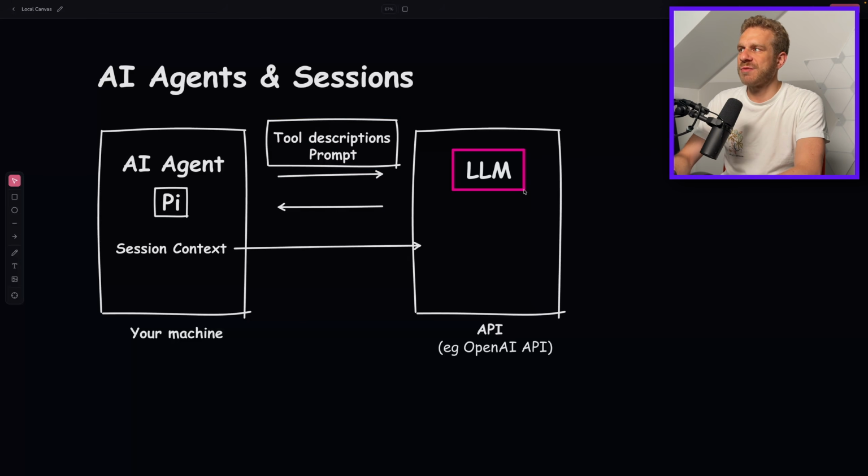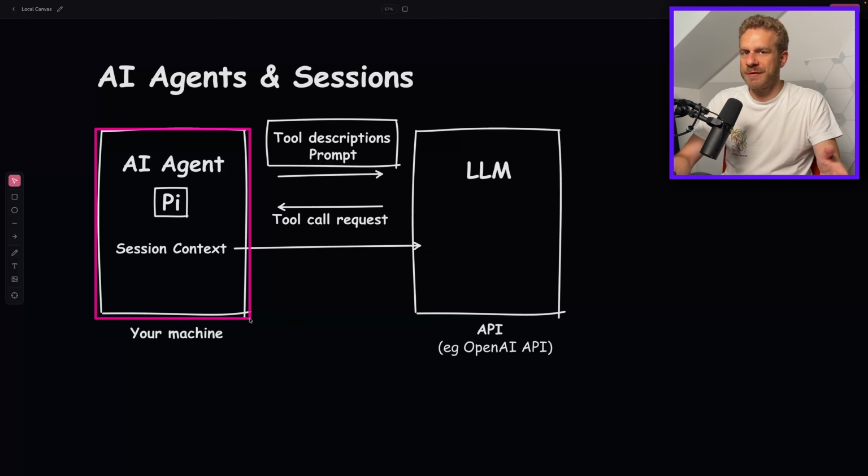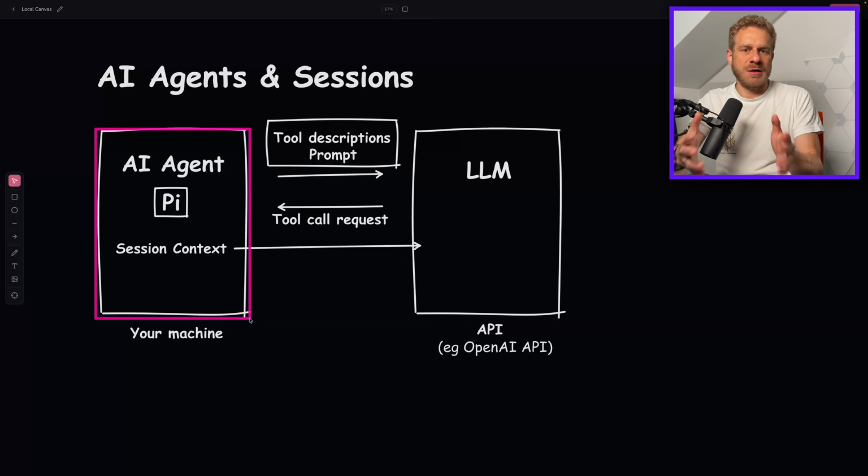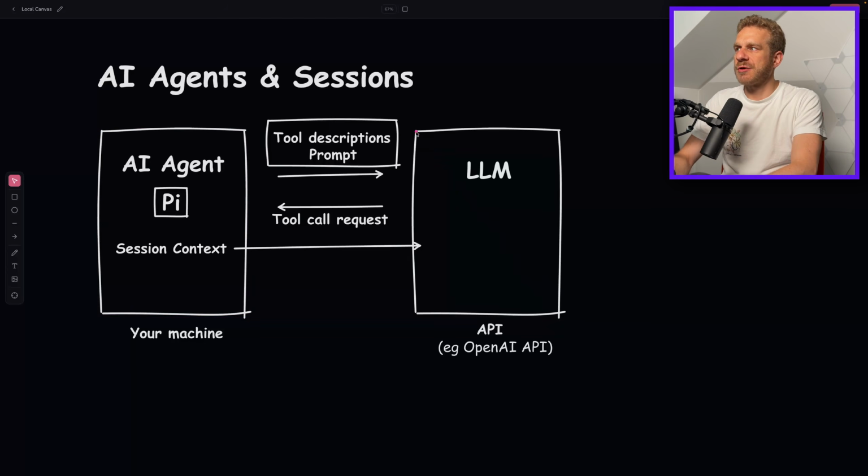And then the large language model can make decisions and can ask to execute a tool. So it can respond with a tool call request, but it's then in the harness on your machine, for example, where the tool is actually executed. And I guess that makes sense. If the model decides that it wants to read a file or write a file, that file is on your system, so it can't do it on the OpenAI servers.